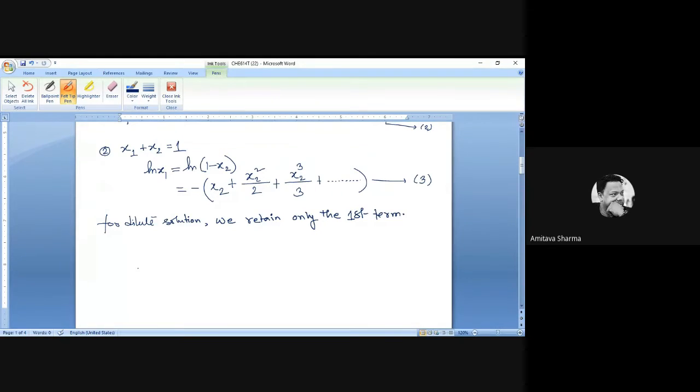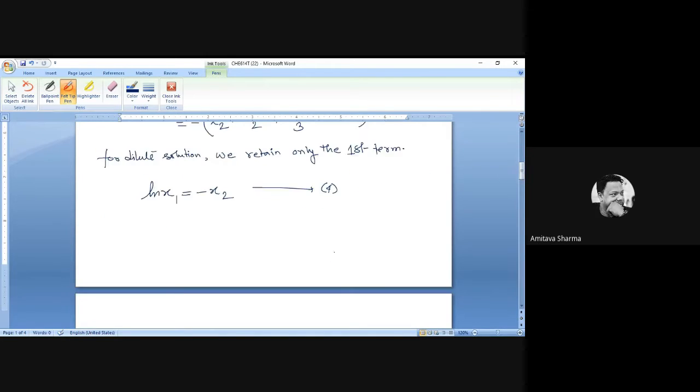So what can we write? We can write ln x1 equals minus x2 only, and we have neglected all the terms, that is x2 square. The logic is that if x2 is very small, then the square of x2 is much smaller than it. So for dilute solution we can write this, and this is our equation 4.